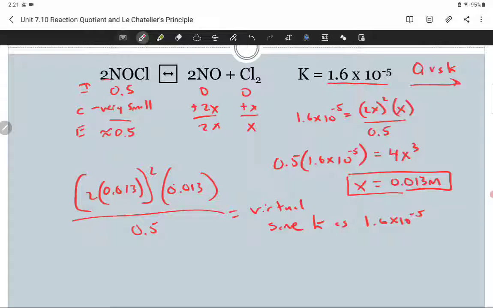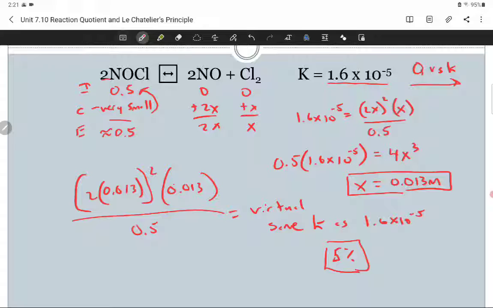Both in the AP and in our textbooks, and pretty much this is universal with all the textbooks, they will allow you to make that assumption if the assumption was less than 5% off of that initial amount.